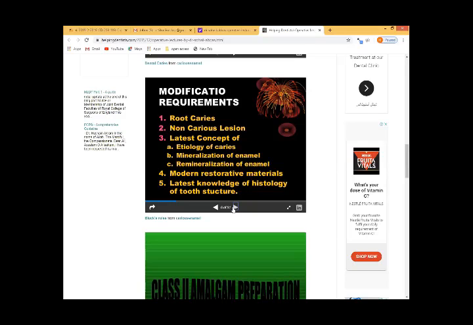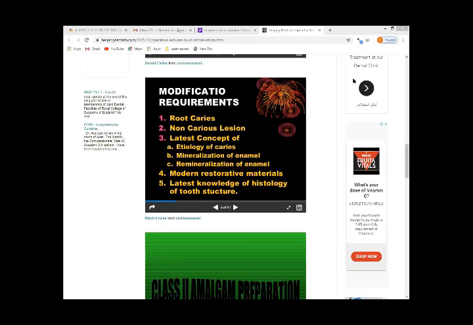Non-carious lesions, amelogenesis imperfecta, dentinogenesis imperfecta, or other knowledge about dental pathologies are now requirements. Then the latest concepts, etiology of caries, remineralization, mineralization of the enamel. So with this expanded knowledge, we need some modification into this.